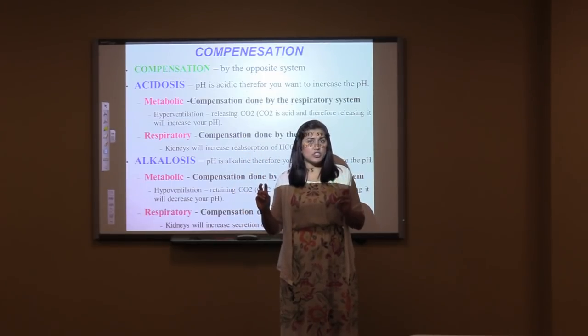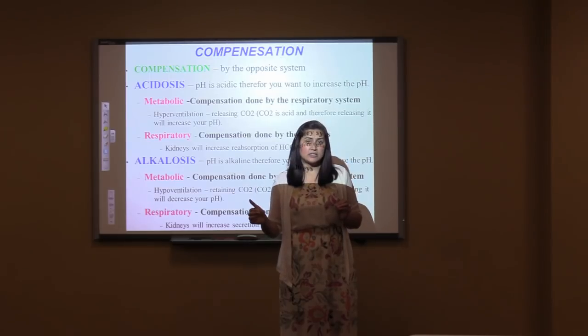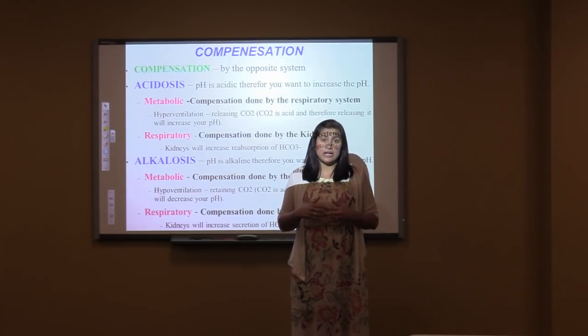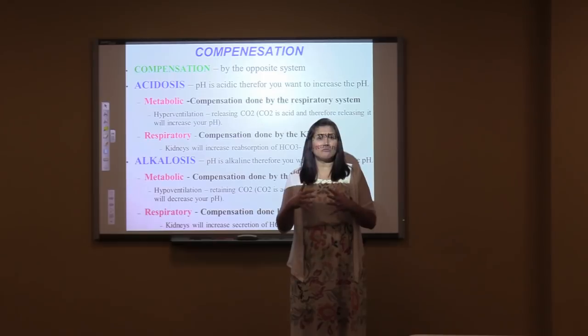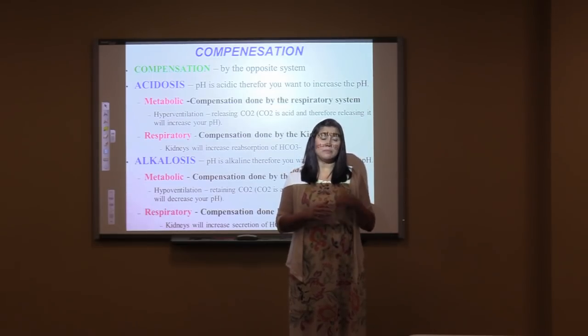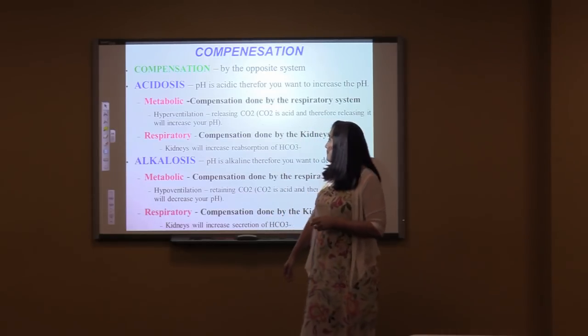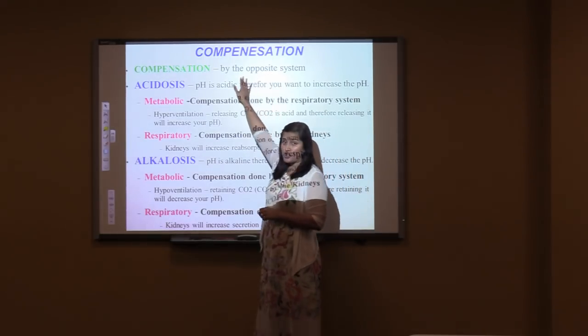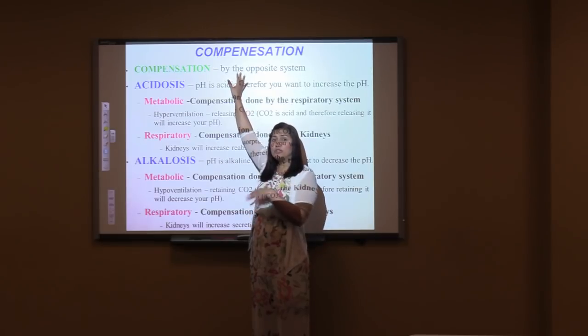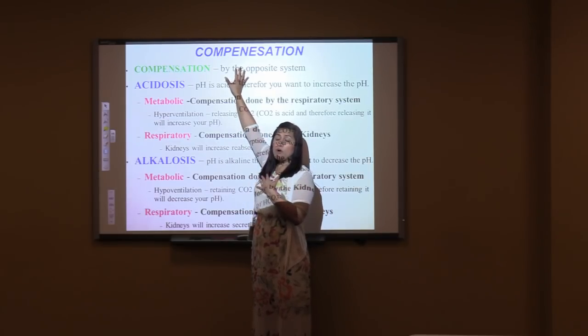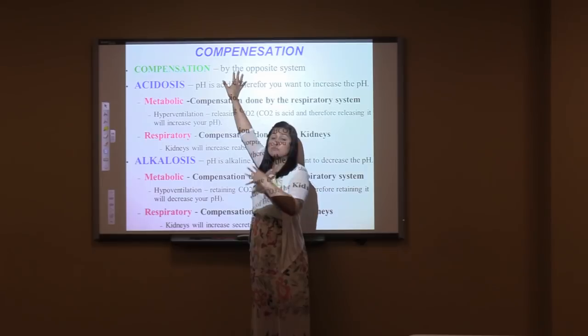And in terms of compensation, the metabolic system is the kidneys. If your metabolic system is the one that's causing you to develop the acidosis or alkalosis, your respiratory system is the one that's going to compensate, meaning bring the abnormality back towards normal. Okay? So this is compensation. Do not get this mixed up with the disorder. This is what your body will do trying to bring your pH back towards normal.